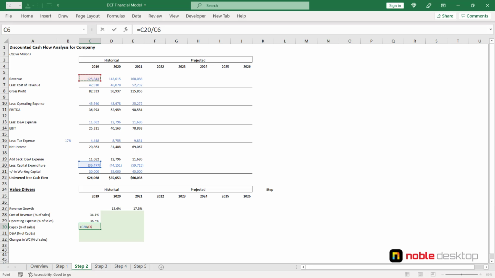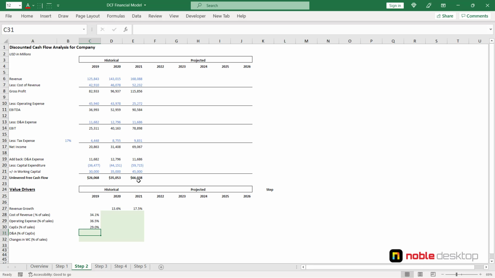And what I want to do is to have all the numbers in my value drivers as positive. You can see that my CapEx is negative here because it's a cash outflow. So I will convert it into a positive number for value drivers by multiplying by minus 1.